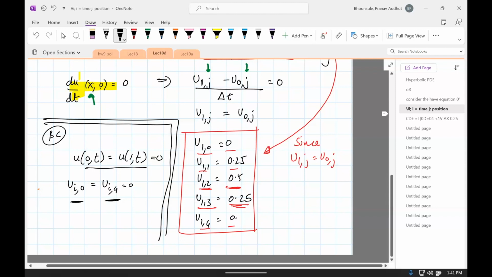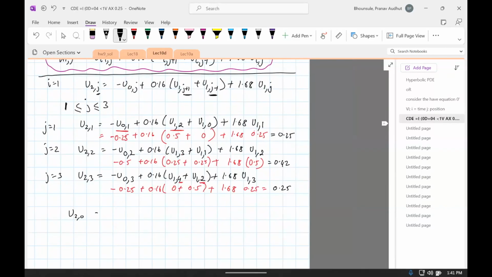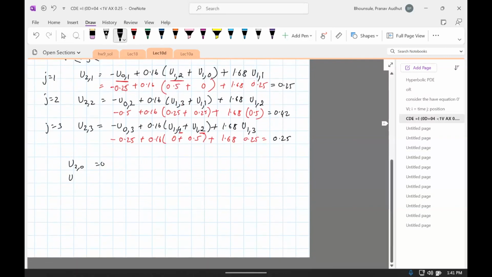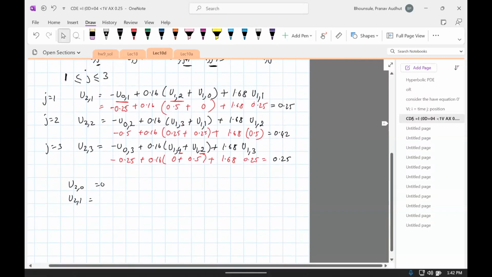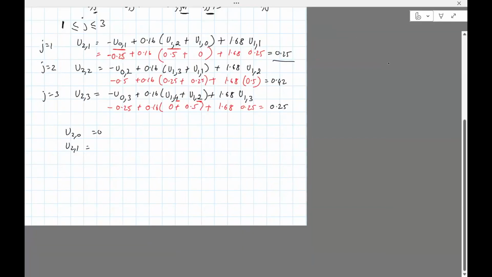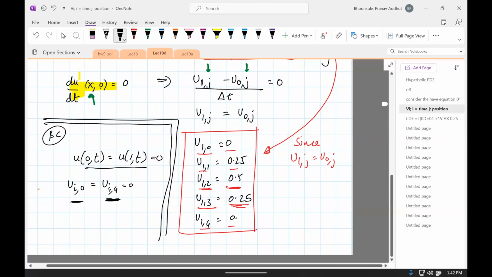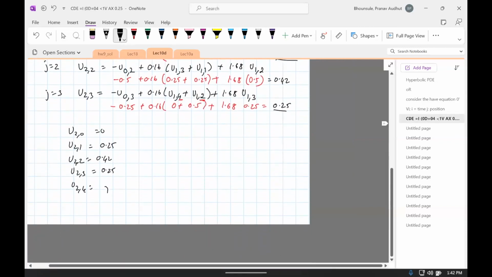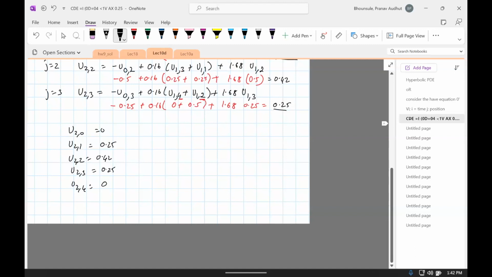The boundary conditions 2, comma 0 and 2, comma 4 are both equal to 0. u of 2, comma 1 is something we computed, it's 0.25. u of 2, comma 2 is 0.42. u of 2, comma 3 is 0.25, which is this value. And u of 2, comma 4, which I showed you earlier, is 0. So this gives you the values for i equals 2.